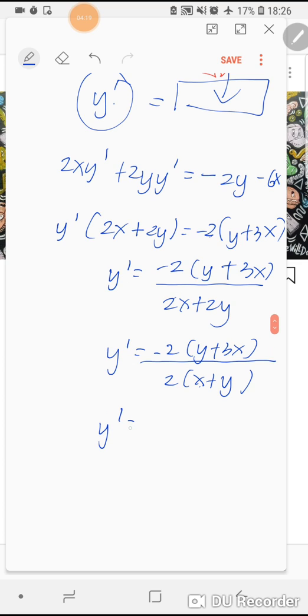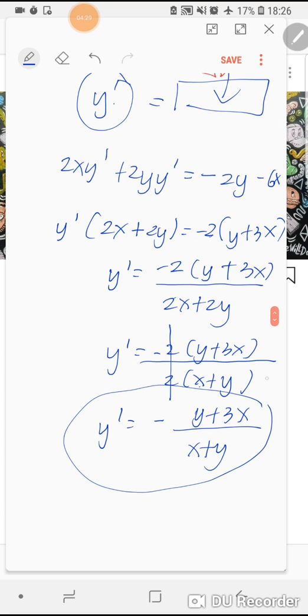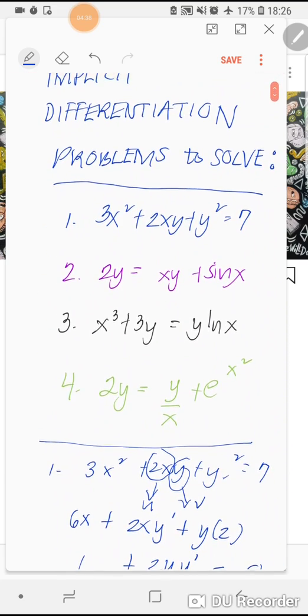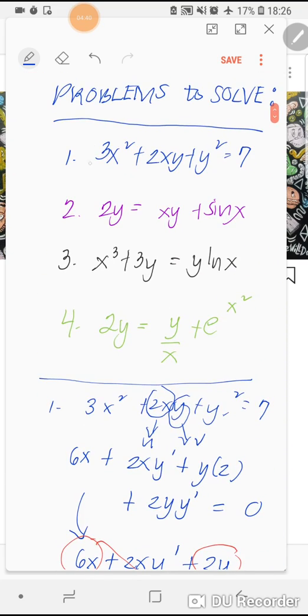We can cancel the 2, so y prime, or dy over dx, is negative y plus 3x over x plus y. So we are officially done with that.